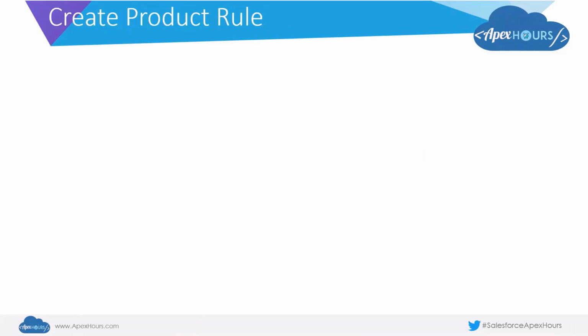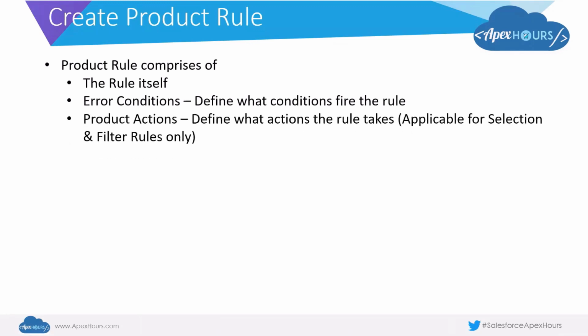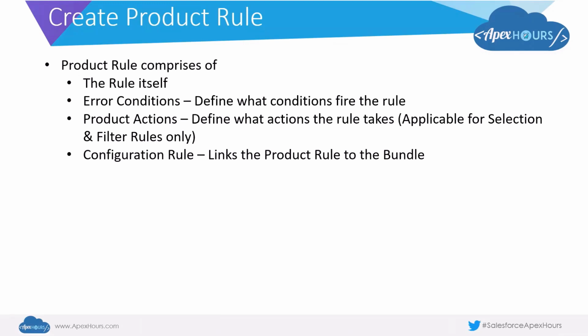Now, let us take a look at how these product rules are set up. A product rule comprises the product rule itself, and then three related objects: error conditions, product actions, and configuration rule. The error conditions define what conditions fire the rule. We could have one condition or 10 conditions and say some or all of them need to be satisfied to fire the rule.